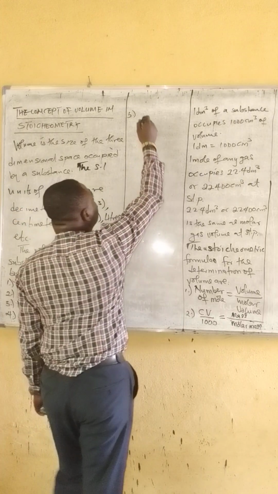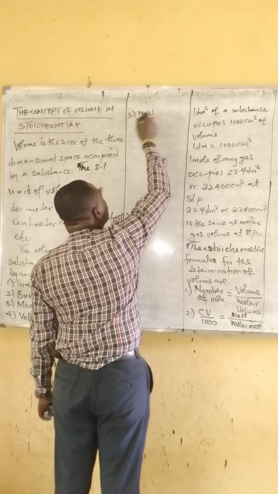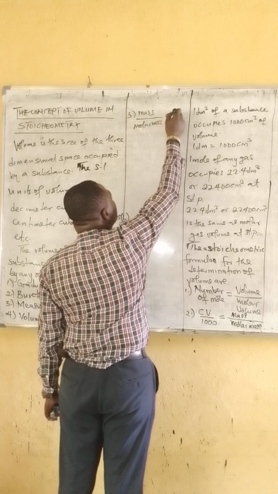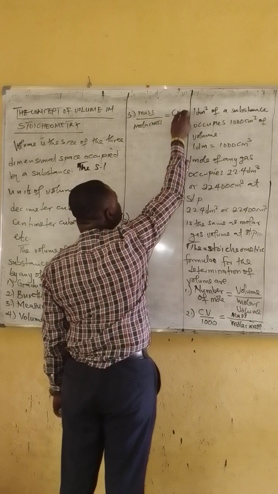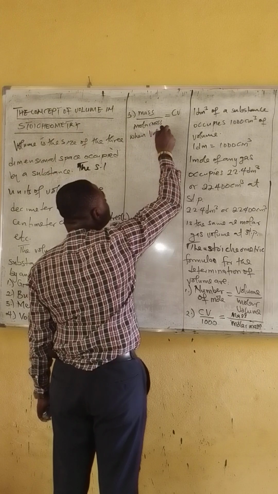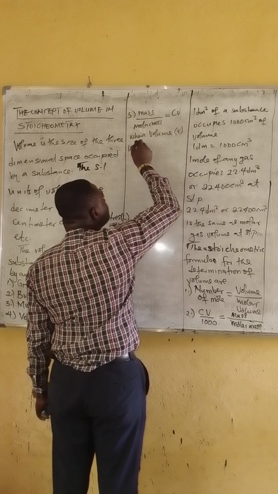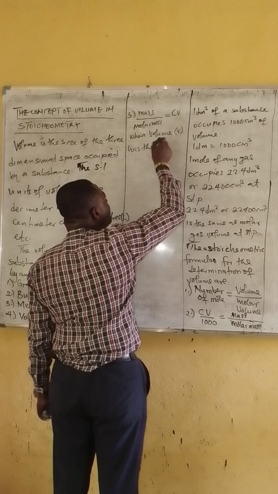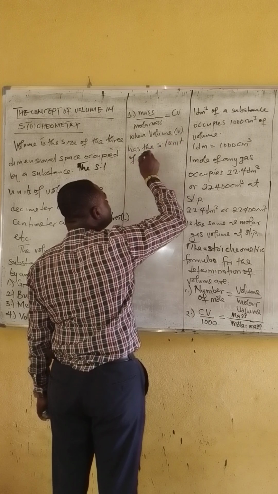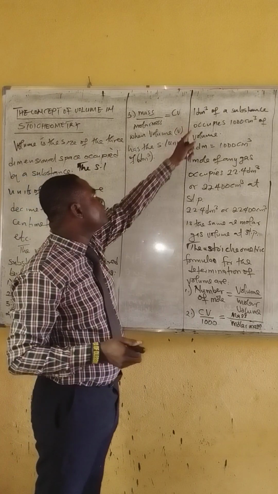Then you can see half mass over molar mass is equal to CV when volume V has the SI units of dm cube. That's when you don't need to divide it by 1,000.